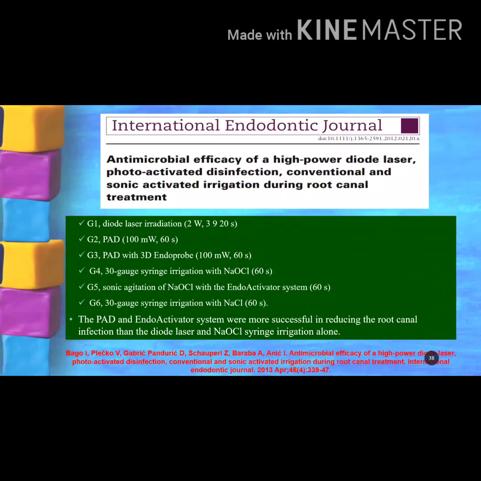Now one more article in that they have used 6 groups of different disinfections. Group 1, which is diode laser; group 2, PAID laser; group 3, PAID with the 3D endoprobe; group 4 is 30 gauge syringe irrigation with sodium hypochlorite; group 5, which is sodium hypochlorite with the sonic irrigation; and group 6, 30 gauge syringe irrigation with the sodium hypochlorite.